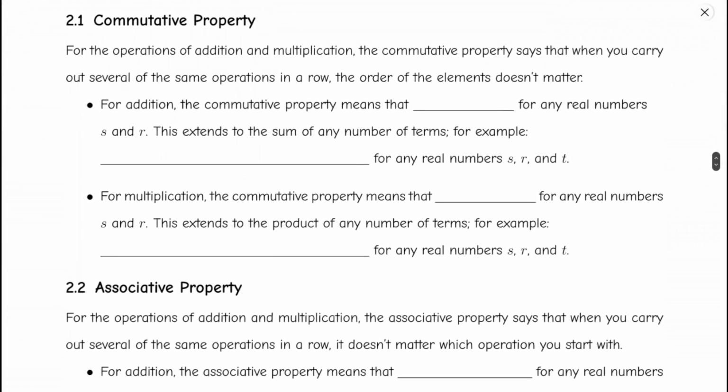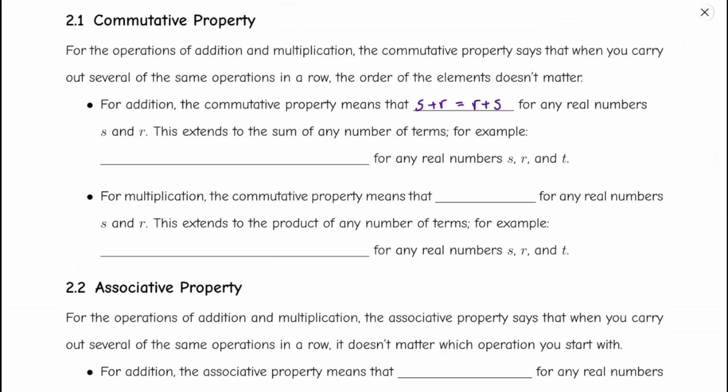So, commutative property. For the operations of addition and multiplication, the commutative property says that when you carry out several of the same operations in a row, the order of the elements doesn't matter. For addition, the commutative property means that S plus R is the same thing as R plus S for any real numbers S and R. This extends to the sum of any number of terms.